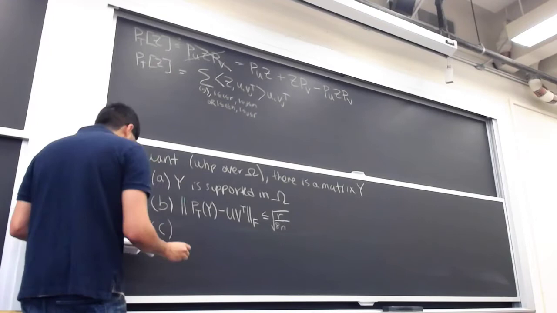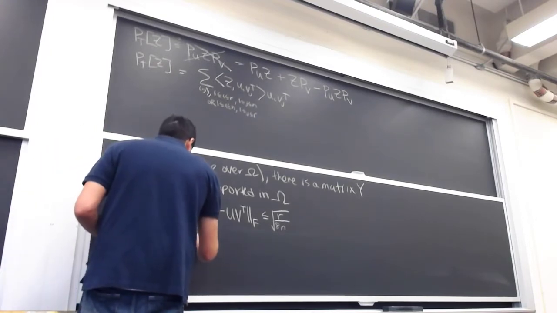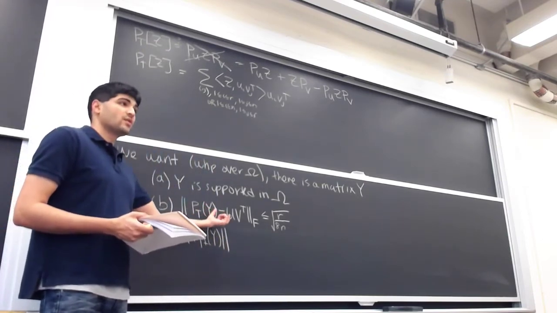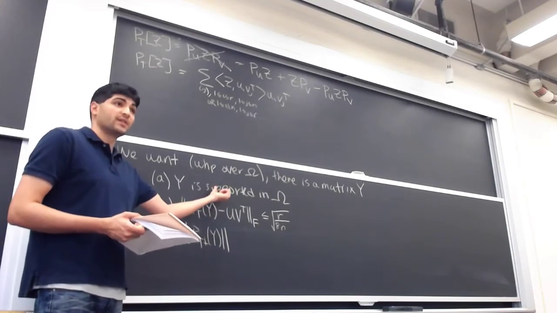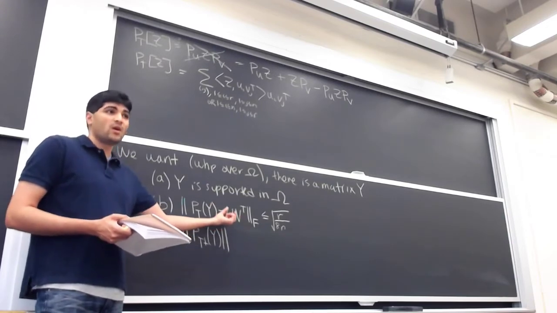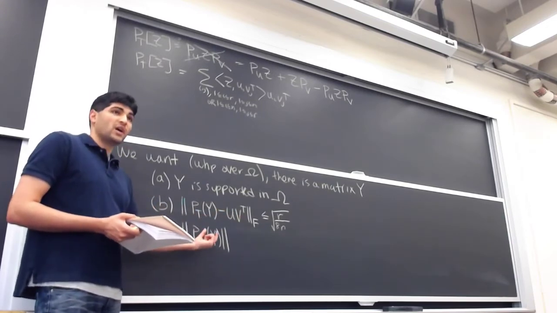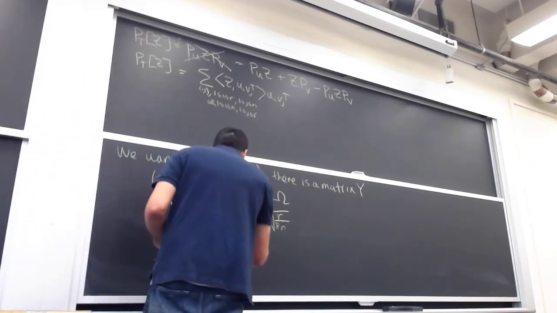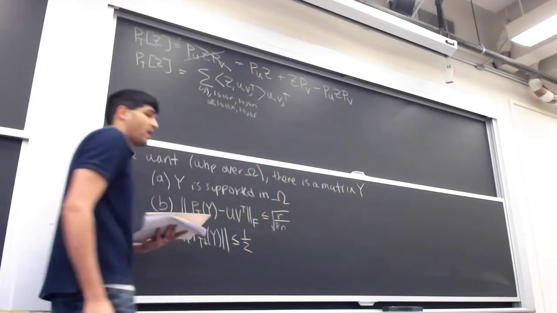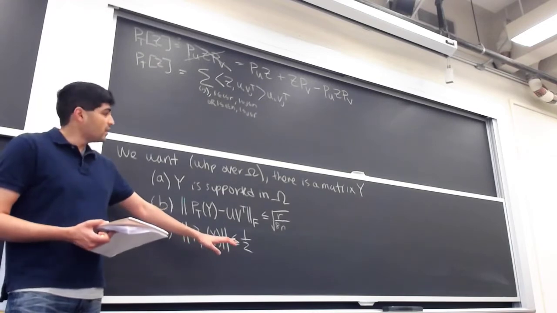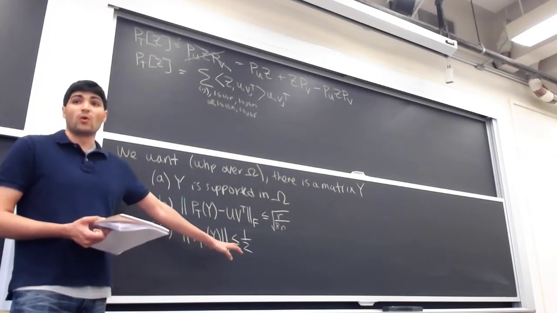And the last property we need is that Y doesn't have too much mass off of T. So this condition says that when we project Y, subject to our constraints that it's supported in omega, onto T, we should get something close to the perfect dual certificate. And we want that Y doesn't have too much remaining mass when you project it onto the orthogonal complement to that. And we'll just want that this is at most a half, the operator norm here. So this is over Frobenius norm, this is over operator norm. And these are the conditions we're going to want for Y.